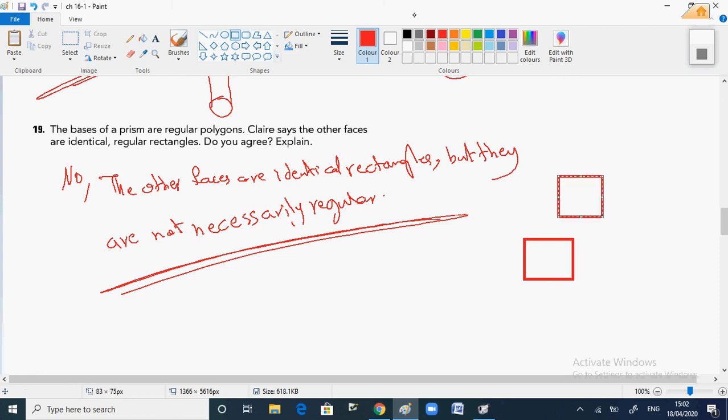I will connect between them. Look here, all of them are equal. Bases are equal, and the rectangles here are equal. One right, one left, one up, one down, they are equal.